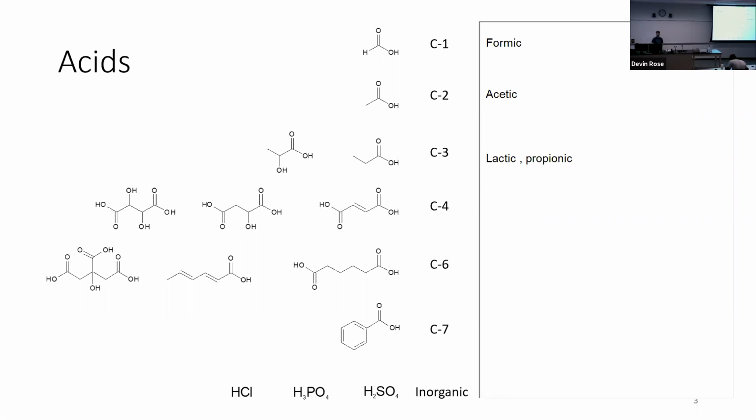C4, these are maybe ones that you may not know already. The one that has the 2 hydroxyl groups, so we'll go from left to right again. That one is tartaric acid. So tartaric acid is a common acid in fruits, and it's the predominant acid in grapes.